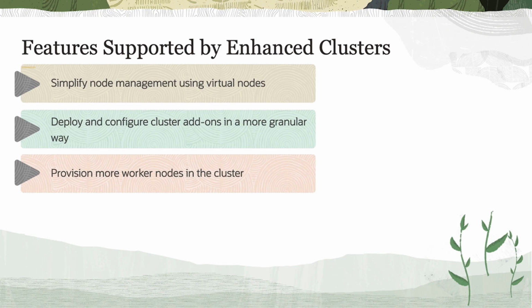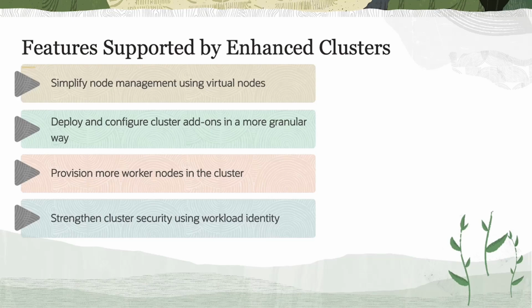Ensuring the security of your cluster is of utmost importance in today's digital landscape. With enhanced clusters, you can now strengthen cluster security through the use of workload identity. Workload identity enables you to define OCI IAM policies that authorize specific pods to make OCI API calls and access OCI resources.